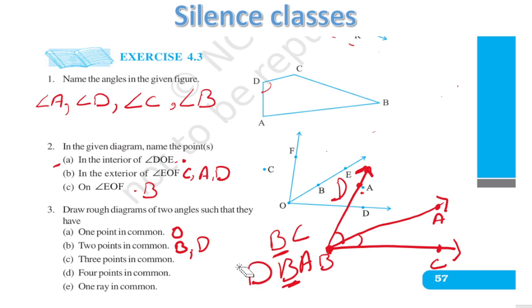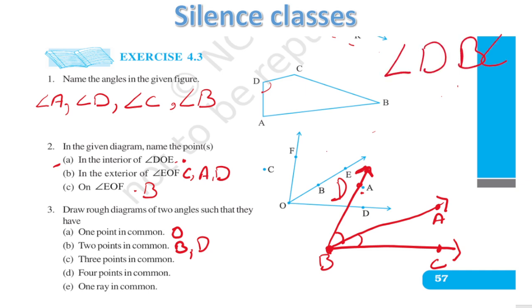I hope you understood. I am explaining once again. Once you have drawn this figure, you have to find two points in common. So we can check angle DBC and angle DBA.